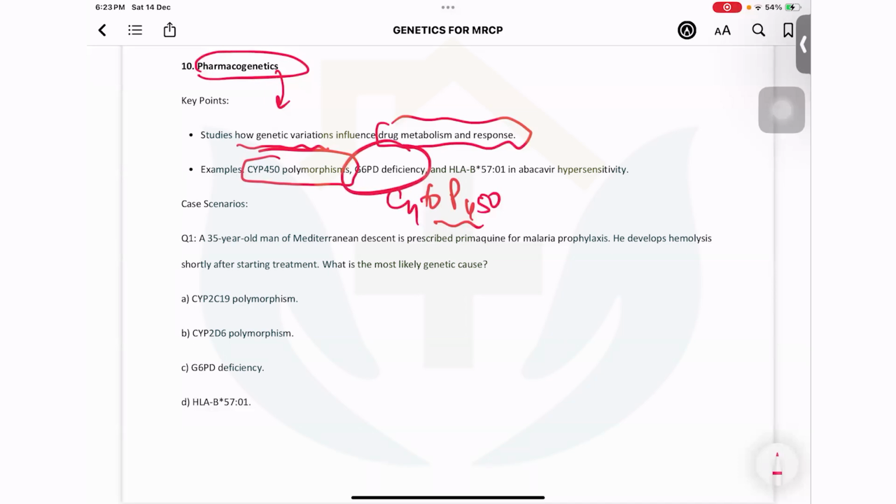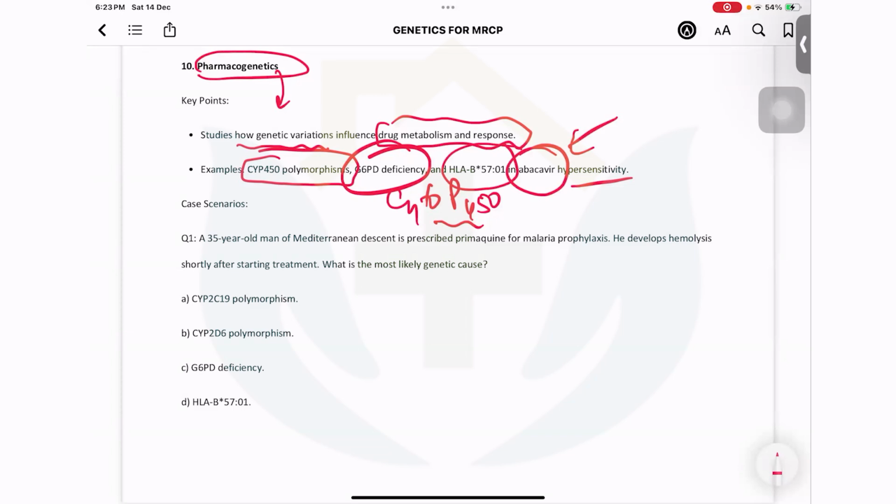Then coming to G6PD deficiency and HLA-B5701 in a specific drug of HIV, that is Abacavir. It will lead to a hypersensitivity response. These are some examples, and usually MCQs will come from these only because they are more robust.